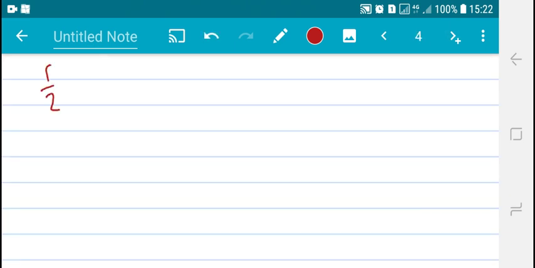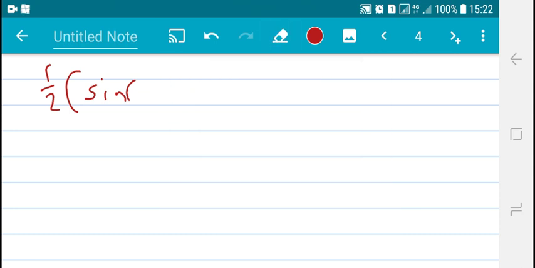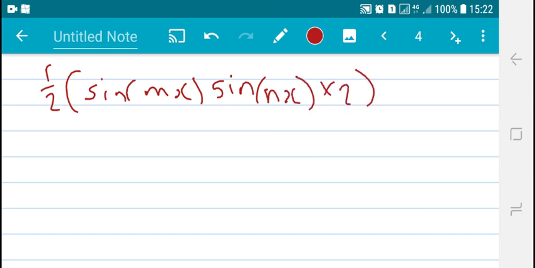So it's a half of sine of mx rather, excuse me. Sine of mx, sine of nx times 2, since there are 2 terms that are the same.